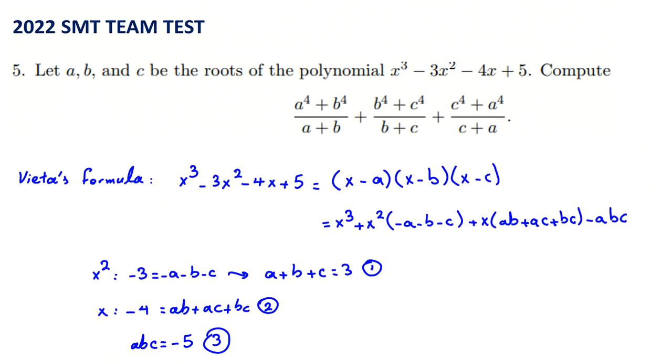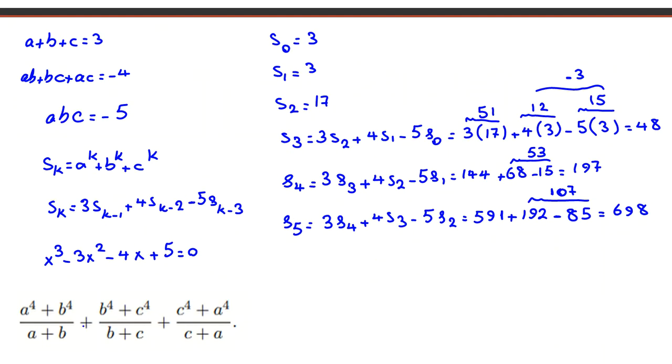The problem says find a to the 4 over b plus c, plus the other terms, this expression. From here I know a^4 plus b^4 plus c^4, S4, is 197. So I can say the first part is 197 minus a^4 over b plus c, because a plus b plus c is 3. So I can write the first one, b plus c is 3 minus a.